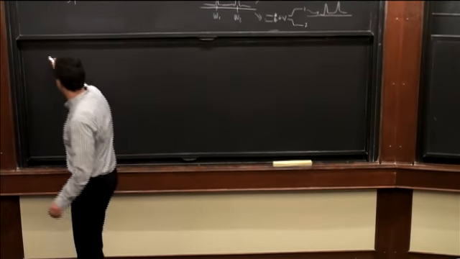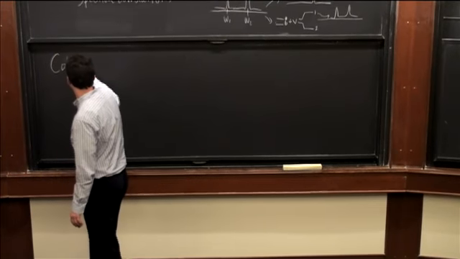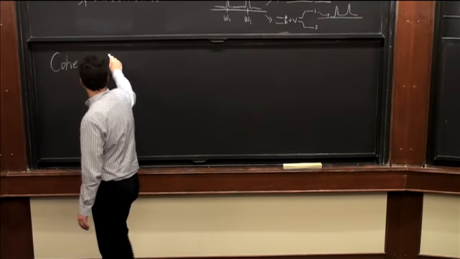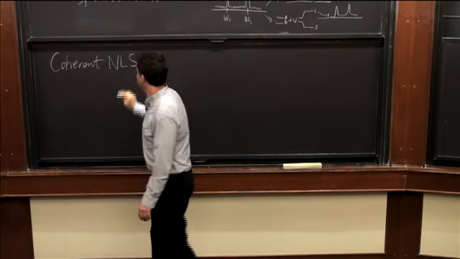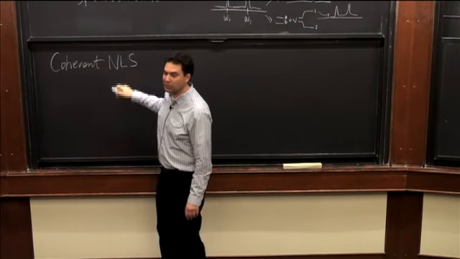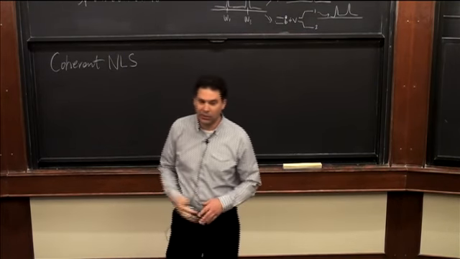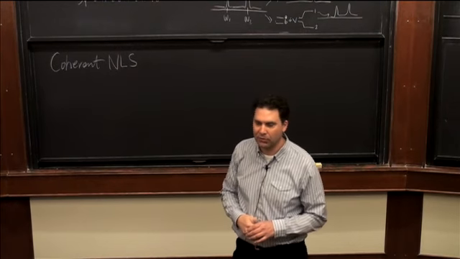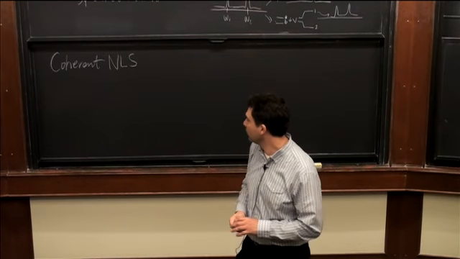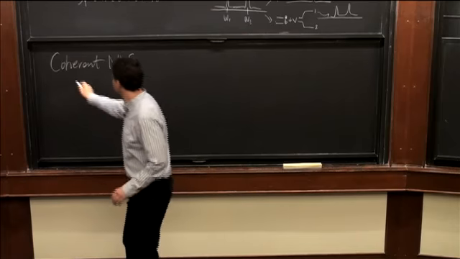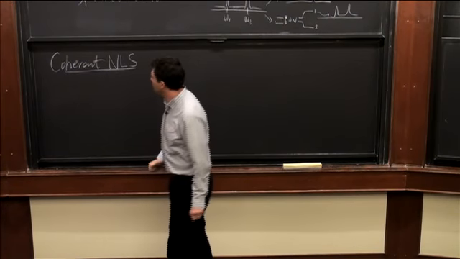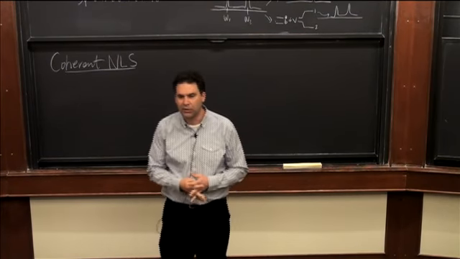Okay. What we're going to spend most of our time on is coherent nonlinear spectroscopy. This is going to be a subset of what nonlinear spectroscopies are. So what do I mean by coherent nonlinear spectroscopy?